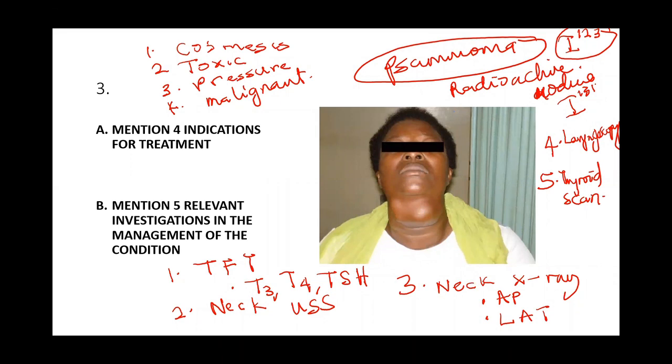Then you now use your gamma camera to read. How is it interpreted? When you see a gland that is hot, that means it is darker than the surrounding tissue. It means that gland is hyperthyroid. When you see a gland that is warm, okay, the color is the same as the surrounding tissue, and that is euthyroid.